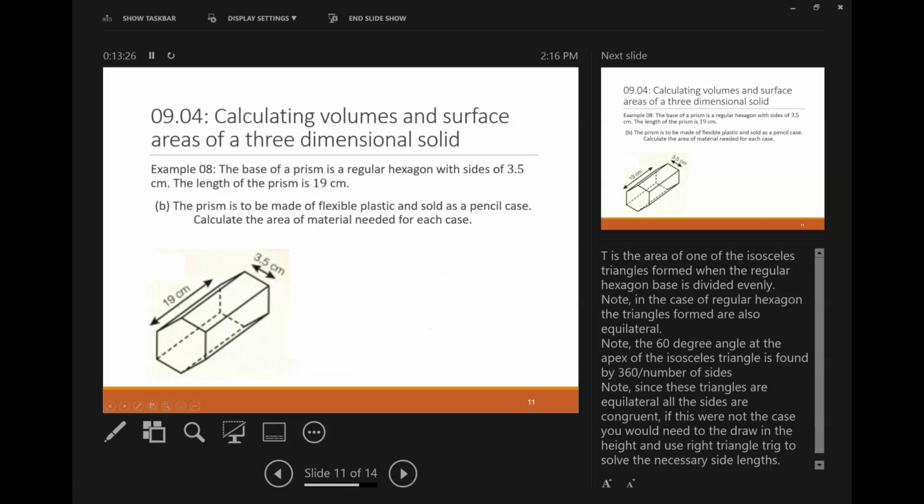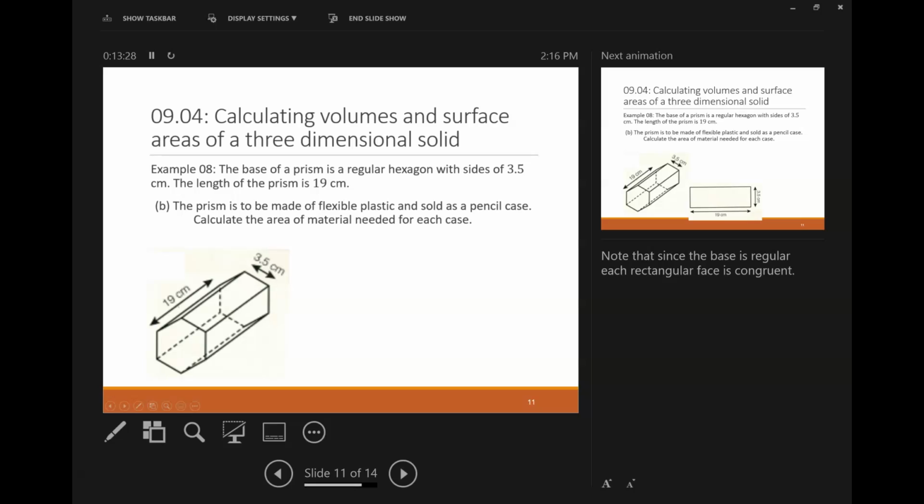Okay. Part B says that I'm going to turn this prism into a pencil case where I'm going to actually need the area of the material to make each one of these cases. That's the same thing as surface area, right? Everybody's good with that idea?